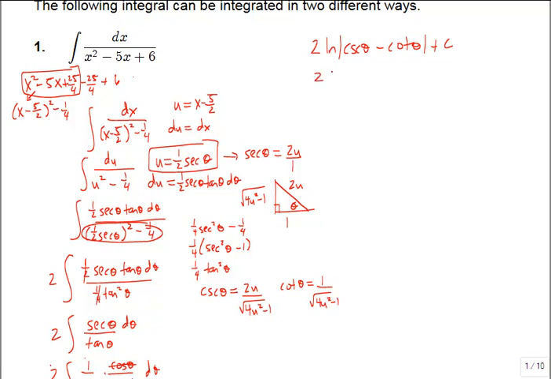So this becomes 2 ln of 2u over square root of 4u squared minus 1 minus 1 over square root of 4u squared minus 1 plus c. Now in terms of simplifying here, what you could notice is that these have the same denominator, so you can consolidate this into a single square root of 4u squared minus 1 in the bottom and a 2u minus 1 on top.